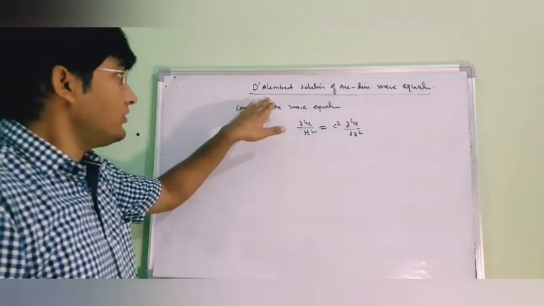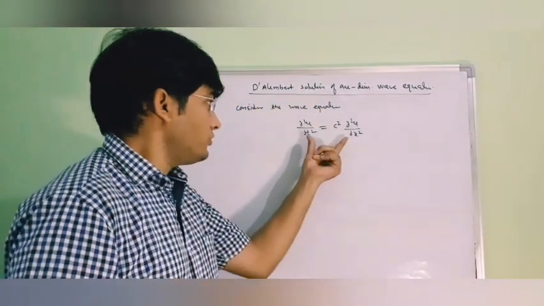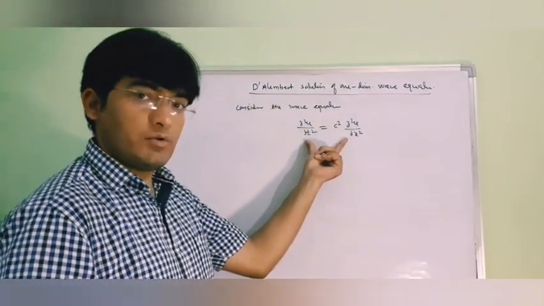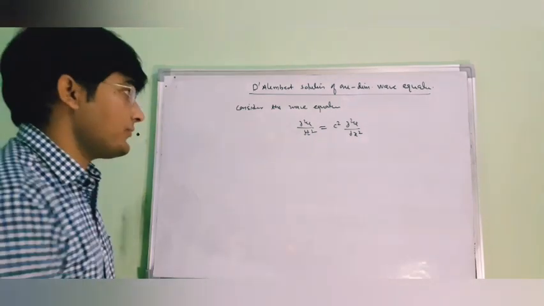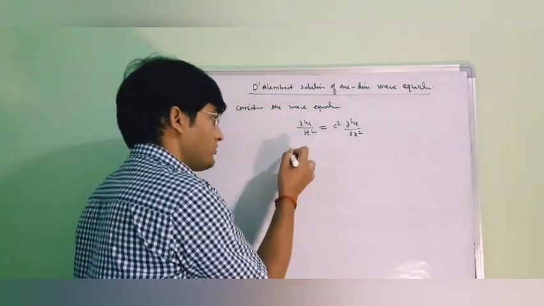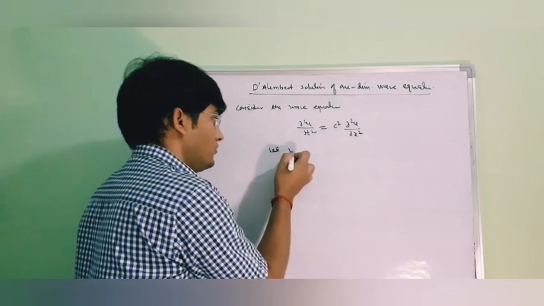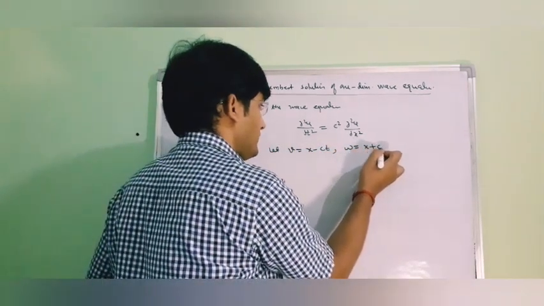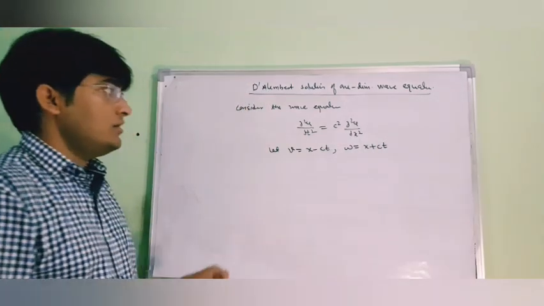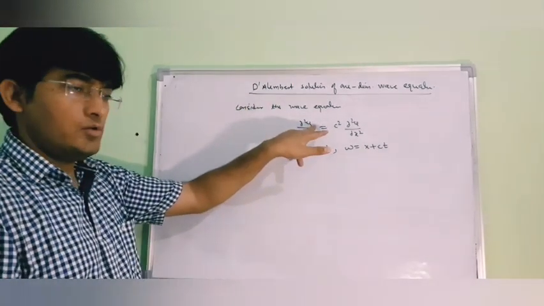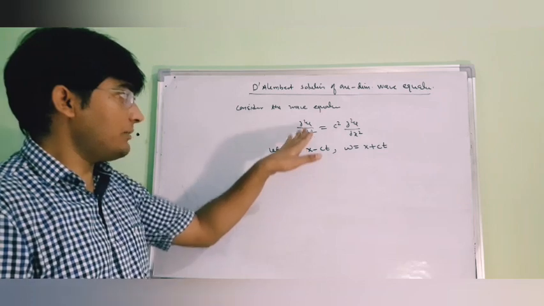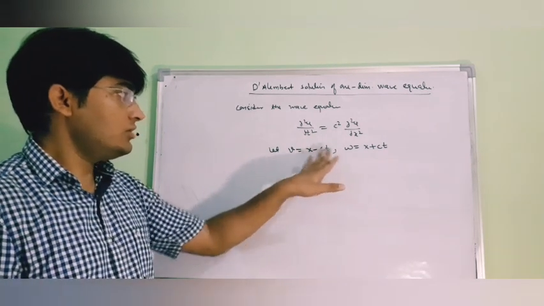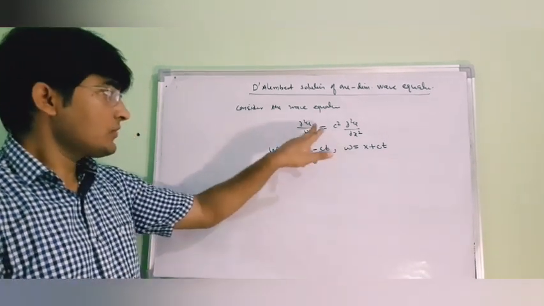Now for the D'Alembert solution, we will try to reduce this wave equation to its normal form. For that we need the transformation. Let v equal to x minus ct and w equal to x plus ct. That means now our function u will depend on these two new variables.